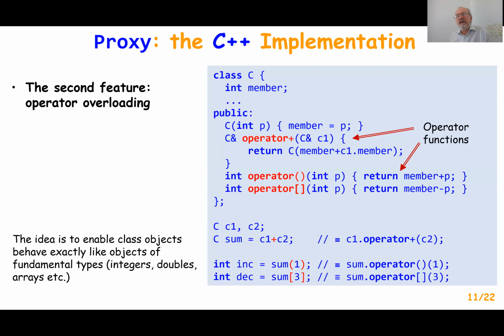So again, this is the basic thing. Not only usual operators, but such operators as call and indexing can be overloaded. Again, this is all about instances of a class type. Look at the next slide.